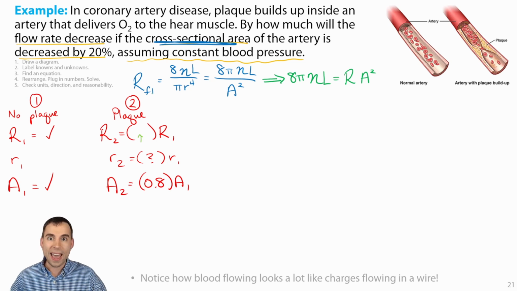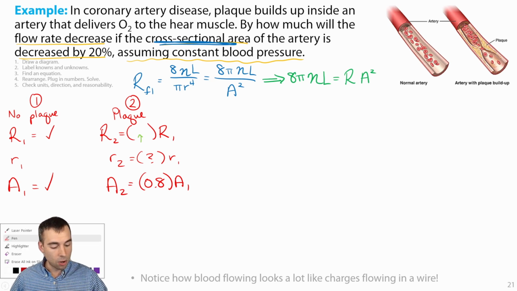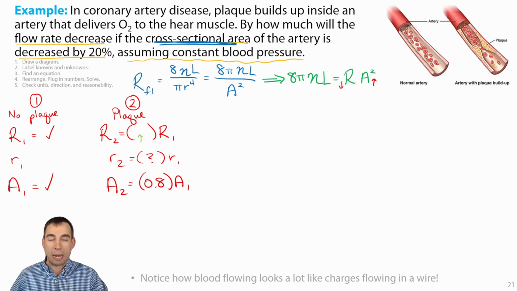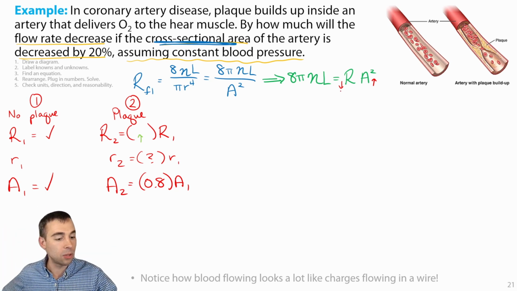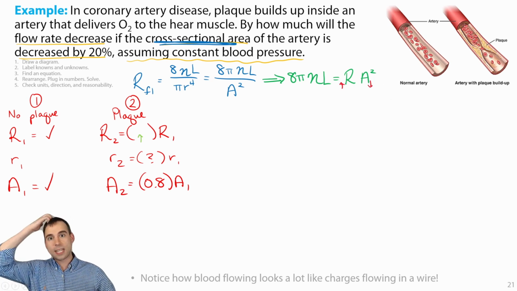We're going to remove the FL subscript just because we know this is fluid resistance for this problem. So the resistance and the area are related. As the area goes up, we expect the resistance to go down. And that kind of makes sense for a wider opening blood vessel. It's easier to get blood in through there. But in this situation, our area will be decreasing.